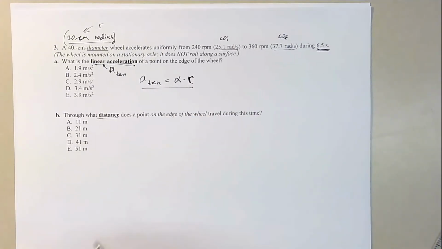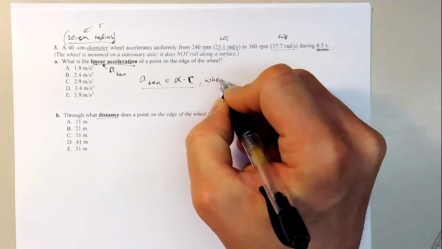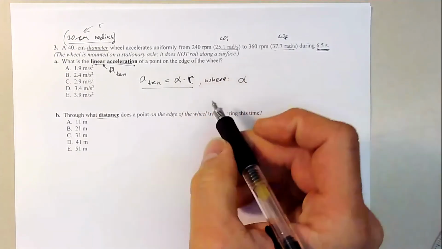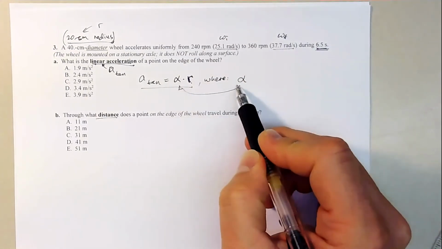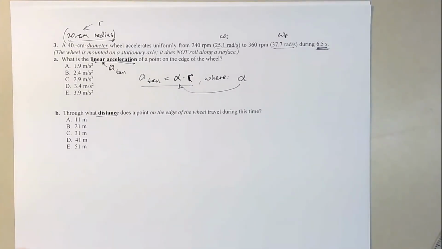So in this case, that'll become the radius of the entire wheel. Okay. So now let's calculate what this angular acceleration is for the entire wheel, and then we can plug that in.